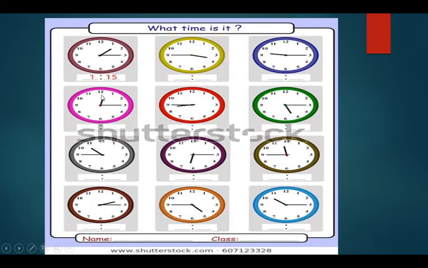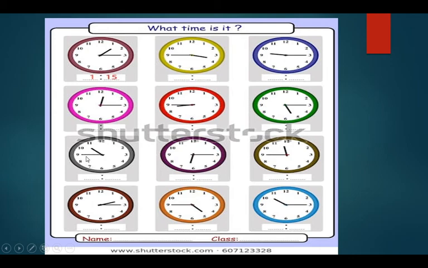Tell me, in this case, a quarter, very good, a quarter past 12, because las 12 ya pasaron. Quarter to, porque van a ser las 9. Quarter to 9, in this case. Quarter past 5, porque ya pasaron las 5. Quarter to 11, van a ser las 11.